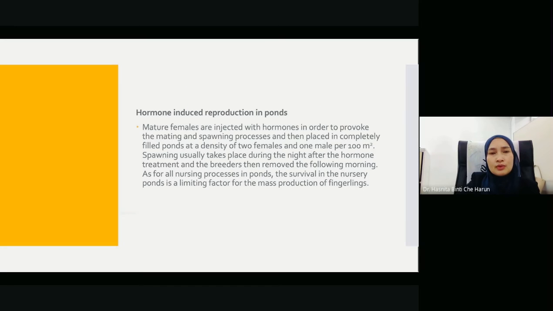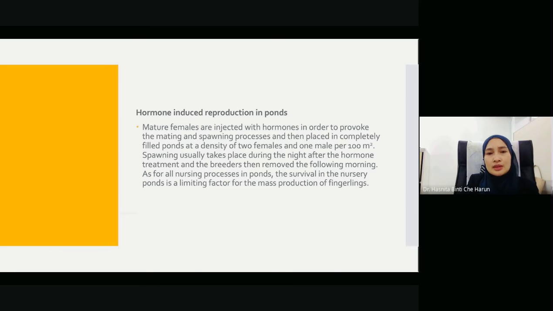For hormone-induced reproduction using pond facilities, the mature female are injected with hormone in order to provoke mating and spawning, and then placed in a completely filled pond at the correct density, which is 2 males and 1 female. The spawning usually takes place during the night after the hormone treatment, and the breeders are then removed in the following morning.